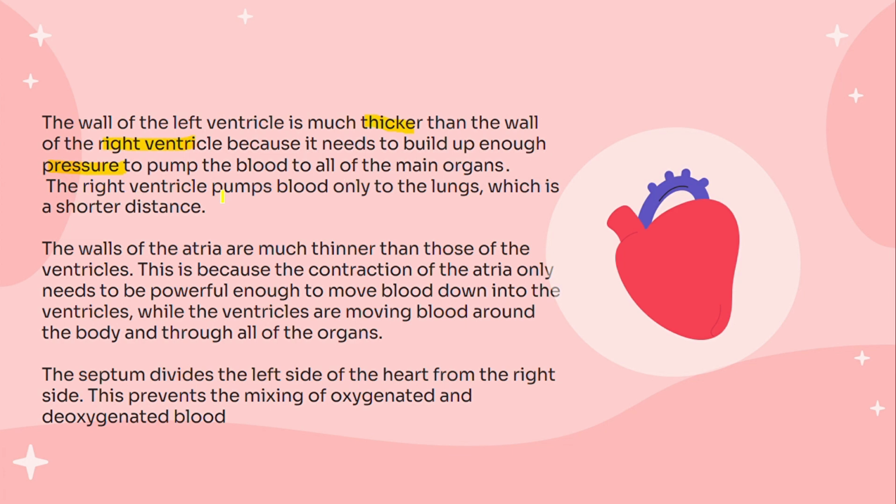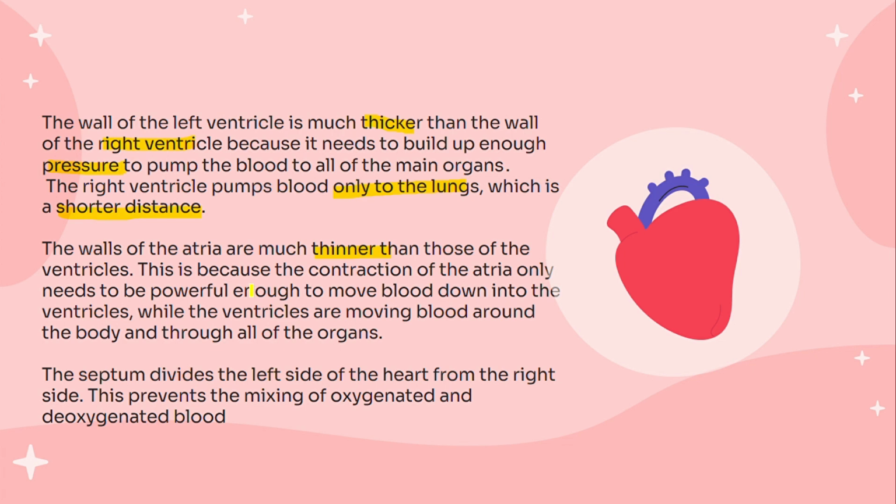But the right ventricle pumps blood only to the lungs, which is a shorter distance. So according to the distance, the pressure would differ, and of course, the thickness of the muscle wall would differ as well. So the walls of the atria are much thinner than those of the ventricles. Why is that?